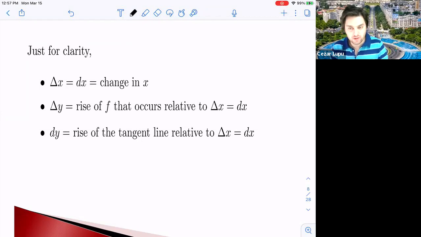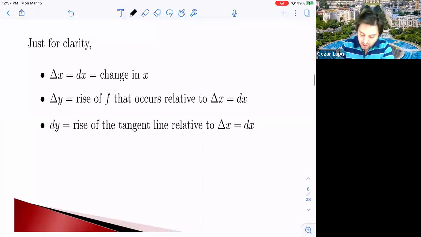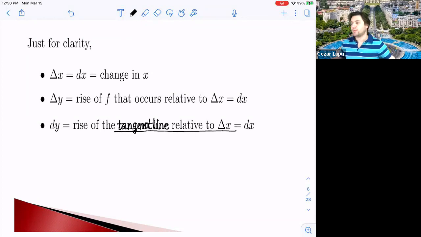So pay attention, we have seen how this occurs, right? And dy will be the rise of the tangent line relative to the change in x, so relative to delta x, which is dx. So the rise of the tangent line. This is important here: tangent line.